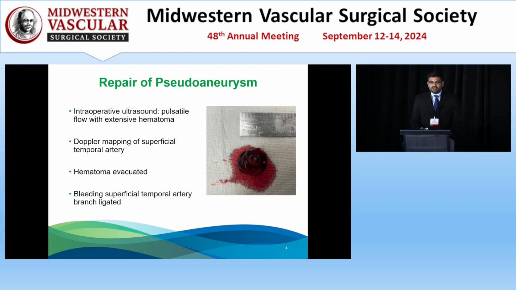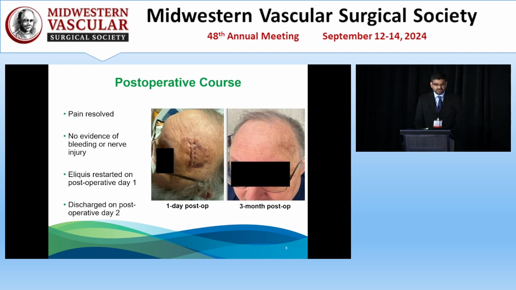Doppler mapping was also pursued to delineate the superficial temporal artery feeding into the pseudoaneurysm. Incision was made over the pseudoaneurysm, and hematoma was evacuated. Bleeding superficial temporal artery branch was ligated. At the end of the case, hemostasis was adequate, and incision was closed with sutures.